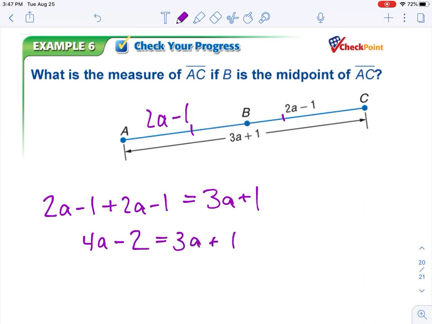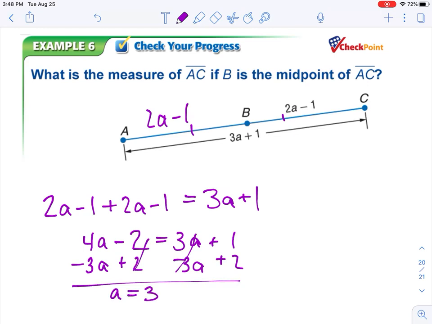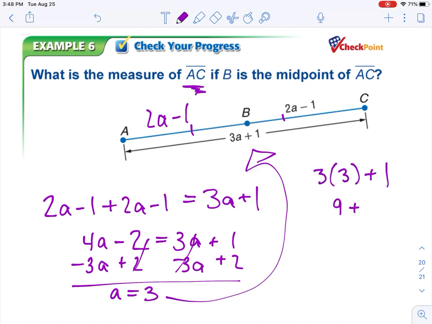And then solve for A. This one will finish with a whole number. And go ahead, we are finding the measure of AC, so plug A back into AC. So 9 plus 1 will equal 10, so AC is 10 units.